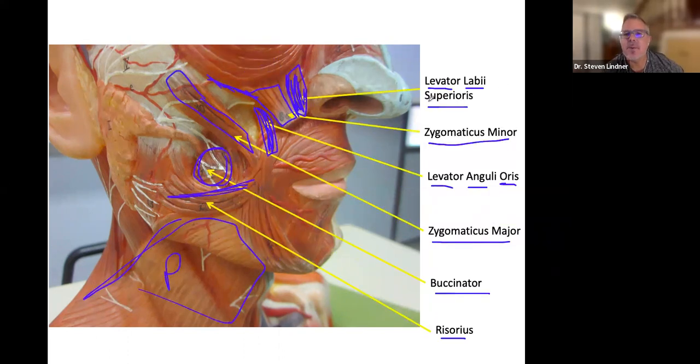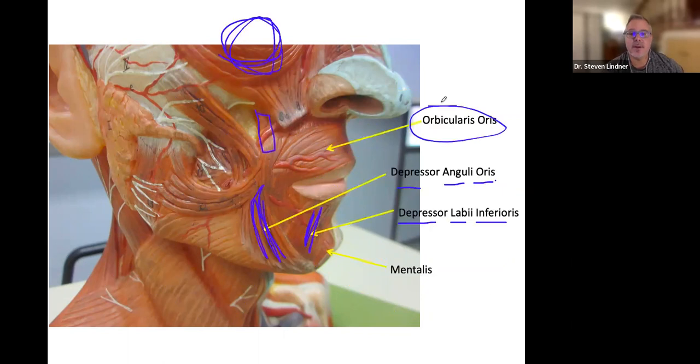Up here, we had levator labii superioris. Remember, levators are superior, and then depressors have to be inferior. And then going to the tip of the chin is the mentalis. You can see those fibers kind of running transversely in that direction, going to the very tip, the mentalis.